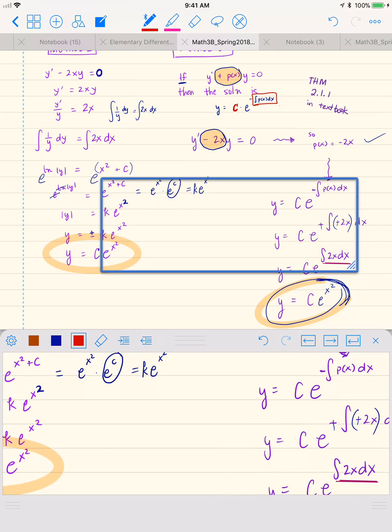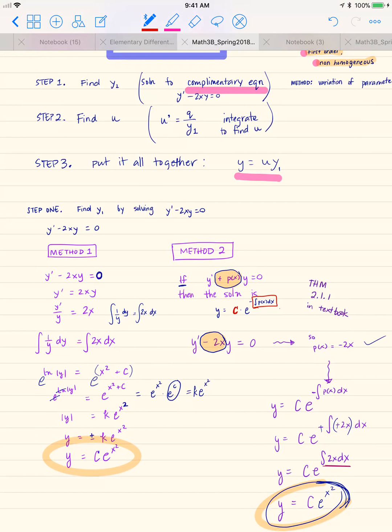There is no preference between method 1 or method 2 because they give you the same answer. If you prefer method 1 and that works for you, go for it. If you prefer method 2 and you want to memorize that formula and apply it, go for it.